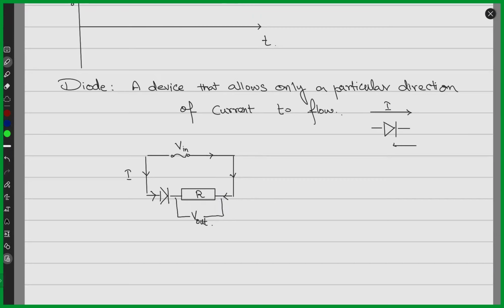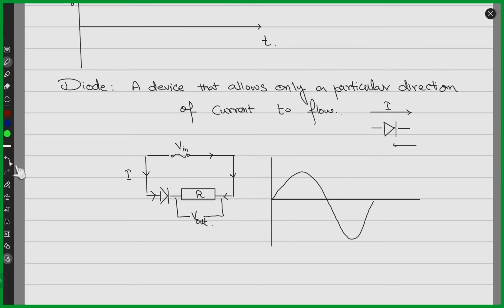Now what does that look like? Again, let's see what we have done graphically. Let's plot this graph. Remember, originally you have something like this. What happens when I connect a diode across it? Again, you have to remember, a diode only allows current to flow in one particular direction.